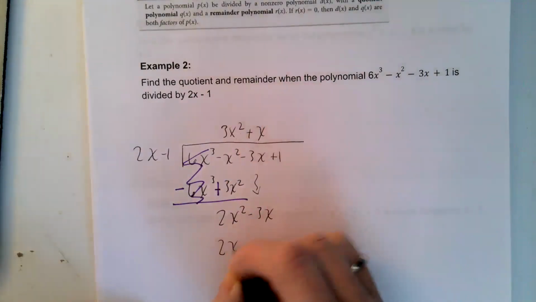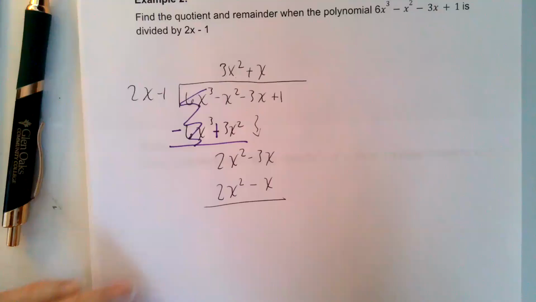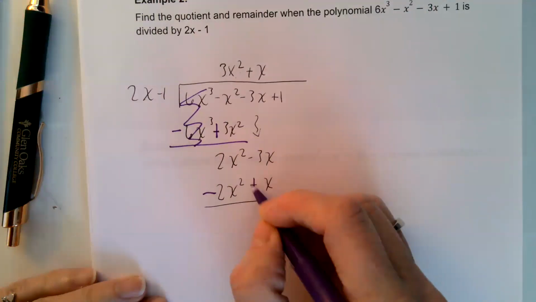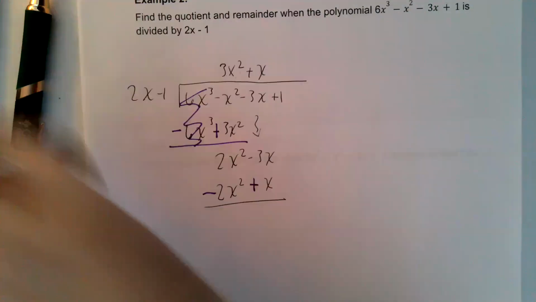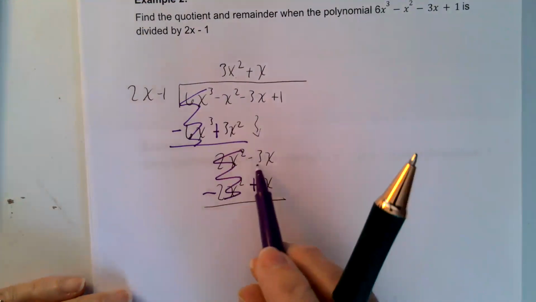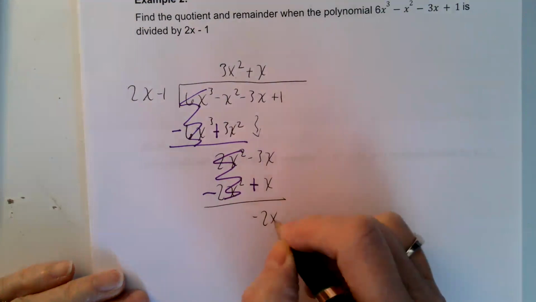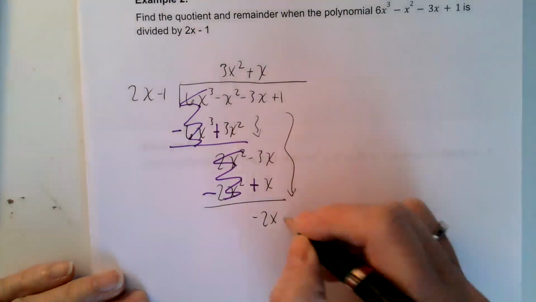So that'll be 2x squared minus x. And of course I have to subtract, changing the signs. So this adds to 0, and I have a negative 3x plus x is a negative 2x, and I'm bringing down my 1.